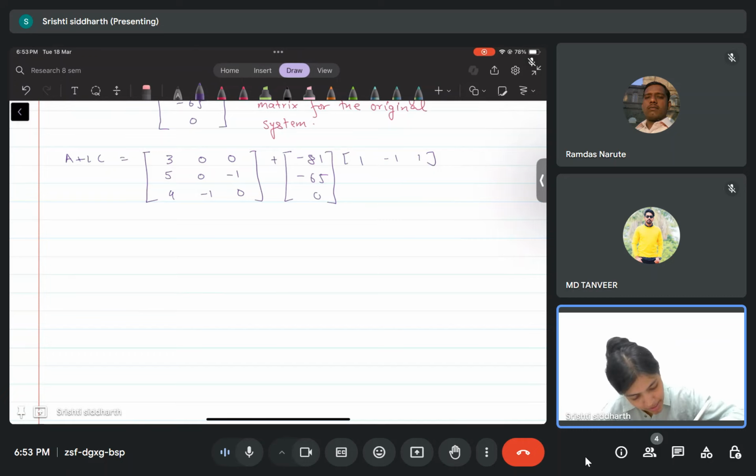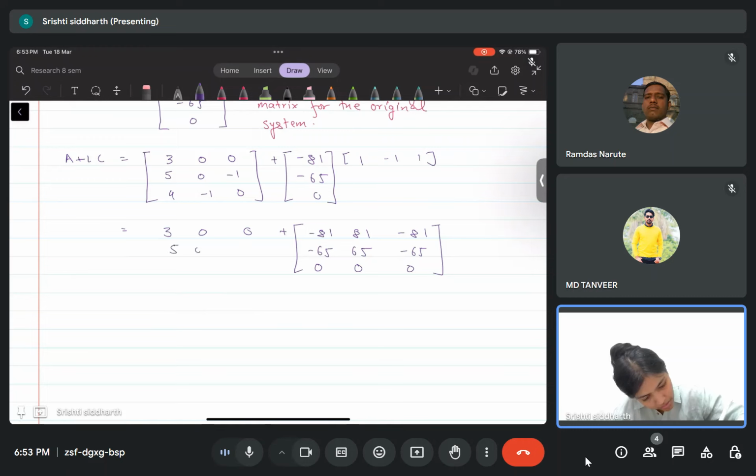Let's compute A plus LC quickly. This is plus we have 3, 0, 5, 0, minus 1.